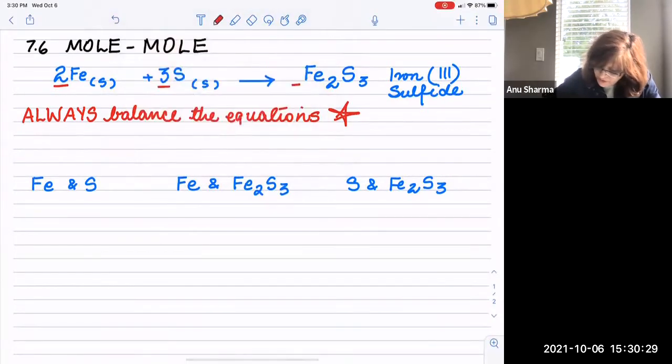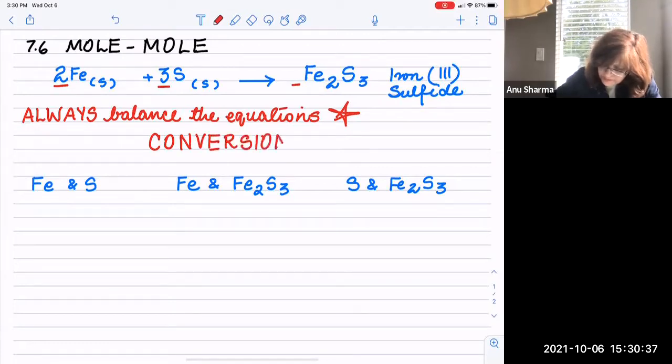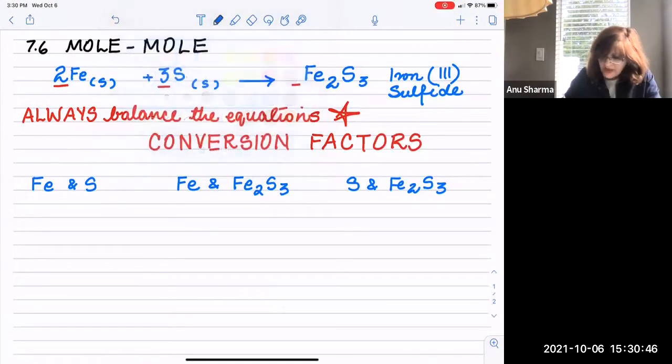These are the conversion factors from the reaction. All right, so here we have iron and sulfur, iron and Fe2S3, and Fe2S3 and sulfur.